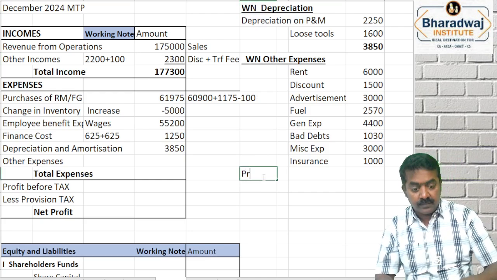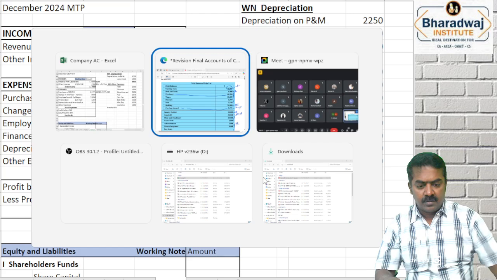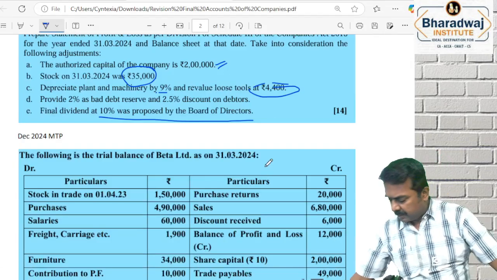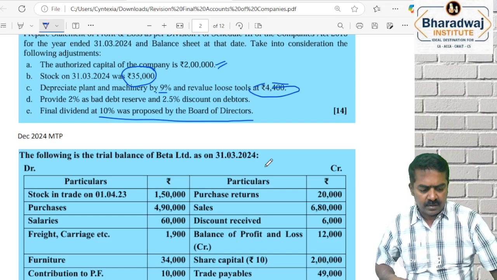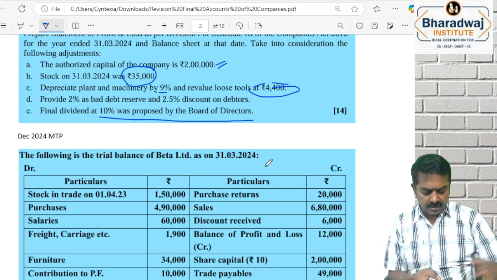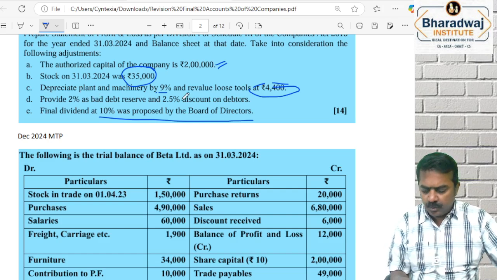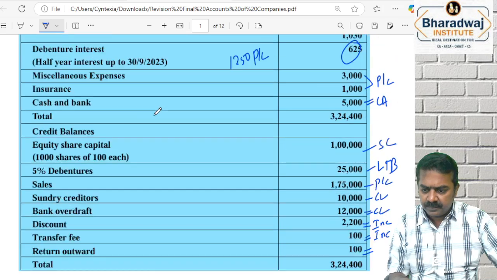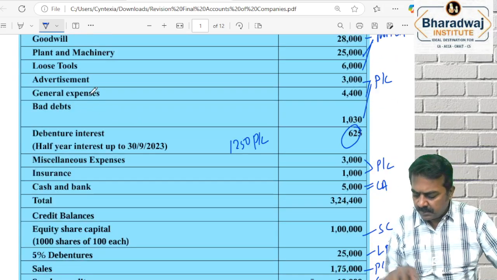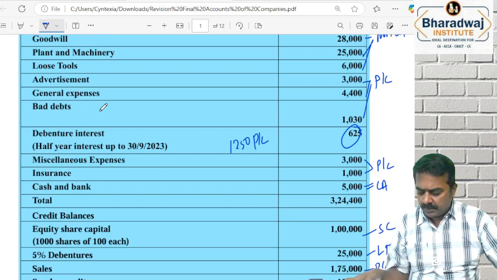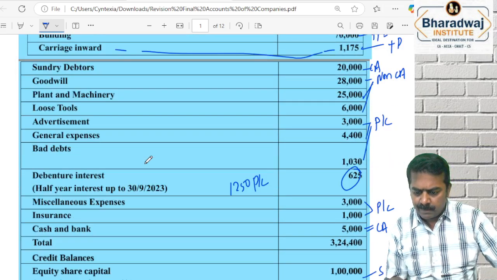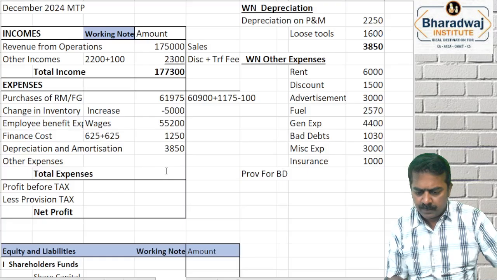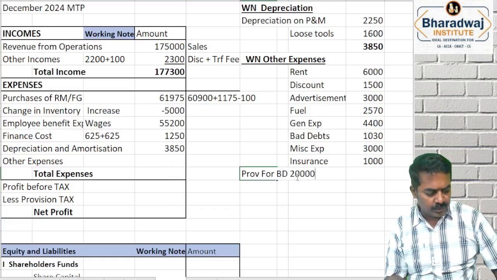Provision for bad debts. We have to provide at the rate of 2% on debtors balance. $20,000 into 2%.